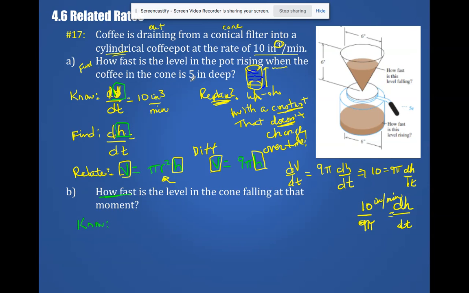The relationship between the draining into the pot and the pot filling up, right? The rate of change of the volume is the same. Except the rate of change in the coffee pot is increasing, but how about the cone? Falling.